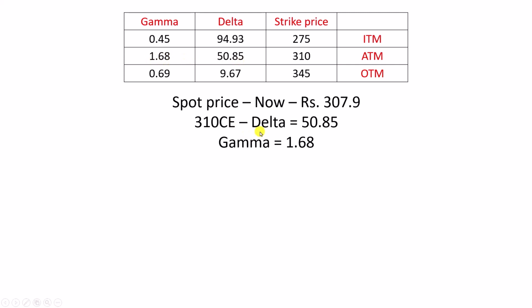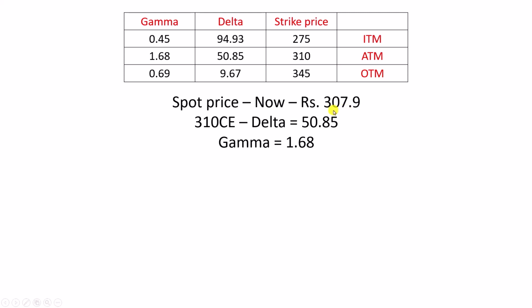Now let us say that I buy one lot of Canara Bank option. One lot of 310 strike price, and the option is call option. At the time of buying the option, the spot price is this much.